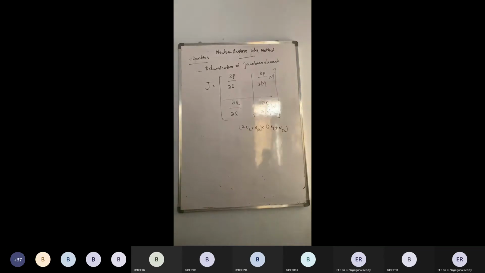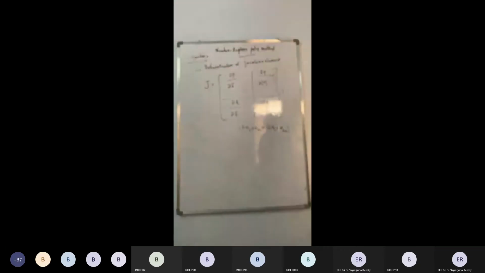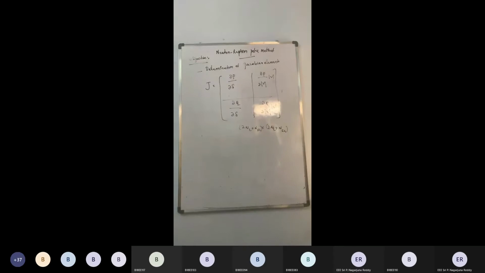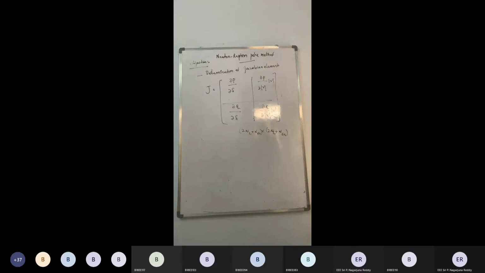These are the 4 subparts which you can infer from your Jacobian matrix.